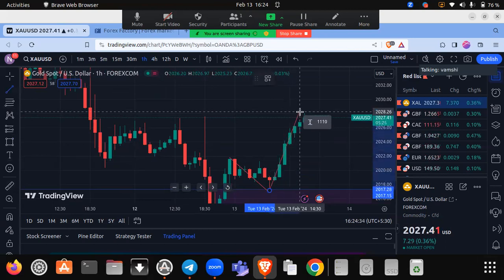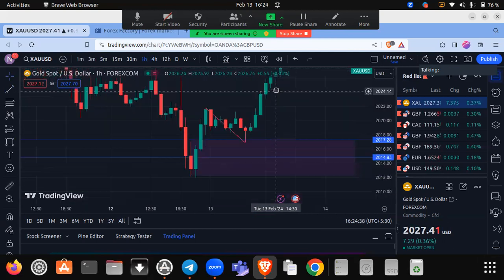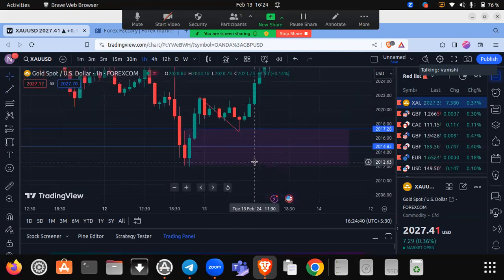How many pips? Literally 110 pips. So this is how you should trade using the last engulfing pattern. Mark support and resistance levels and wait for the formation of H1 or H4 buy or sell patterns and take a trade on it.